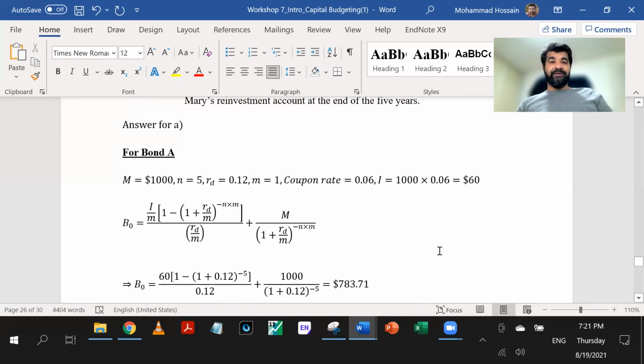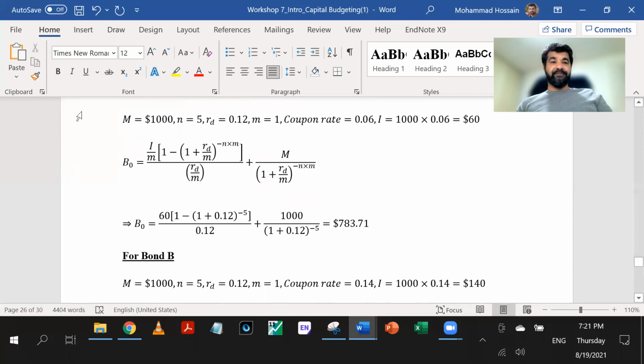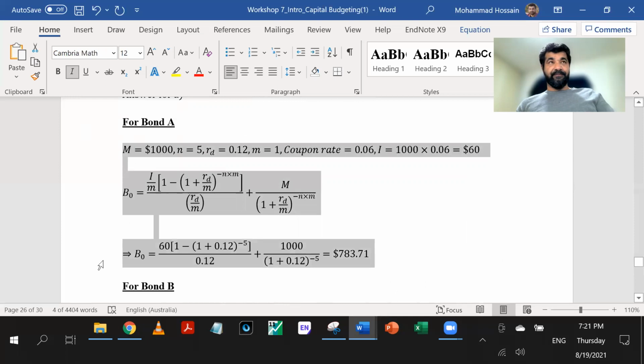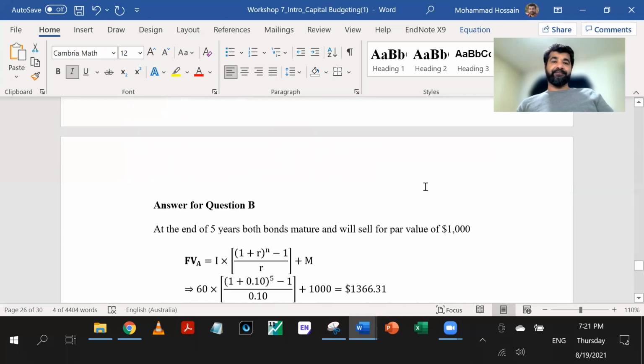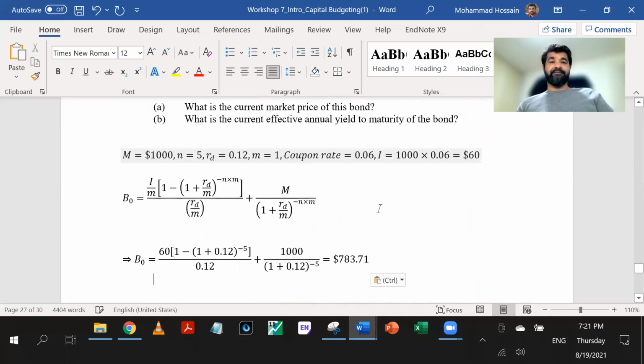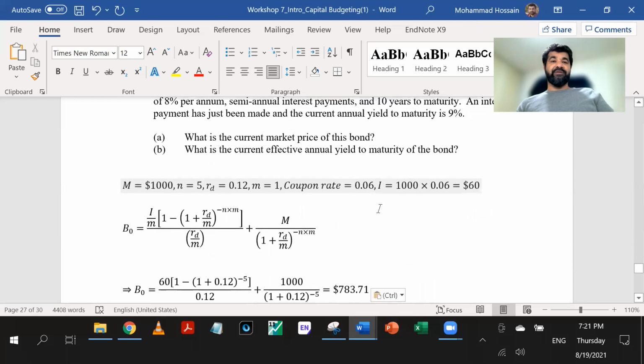I have to copy this formula. We have to change these figures. The M here is 100,000.